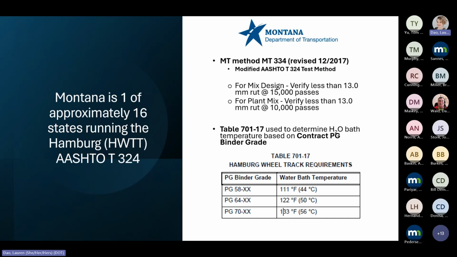I don't know if this is true, but I know that Montana was one of the first states to vary the test temperature based on high PG, because we were doing lots of grade bumping, and in order to really evaluate the effect of the polymer, we started to test the material relative to the PG grading. That's our current spec there.